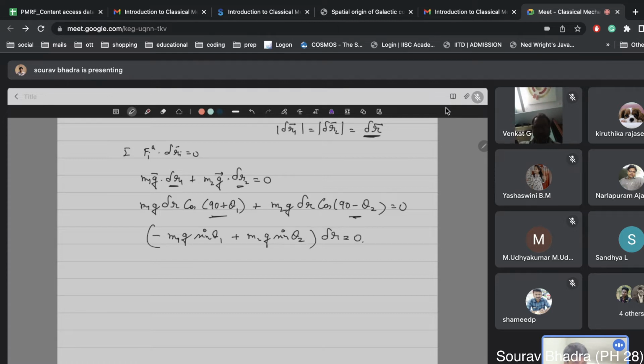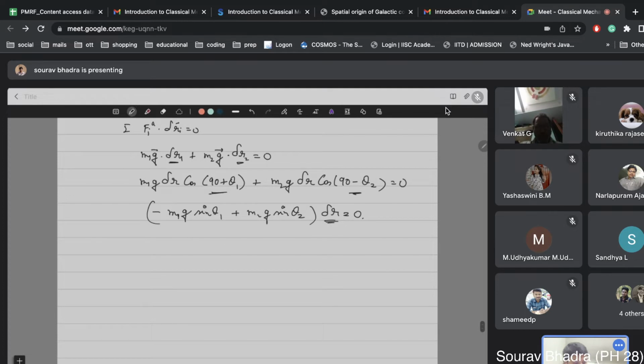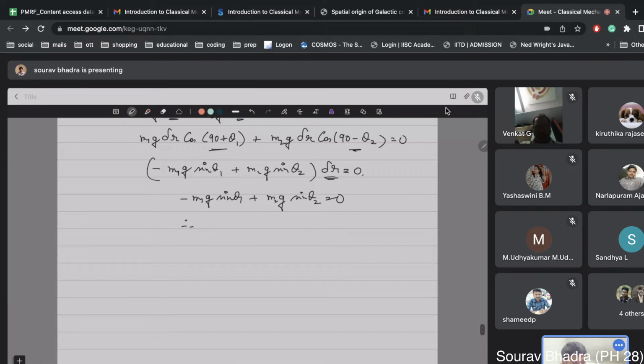equals 0. Now this delta r is arbitrary and not 0. So delta r is not equal to 0, and we can write -m1g sin theta 1 + m2g sin theta 2 = 0. That means m1g sin theta 1 = m2g sin theta 2.